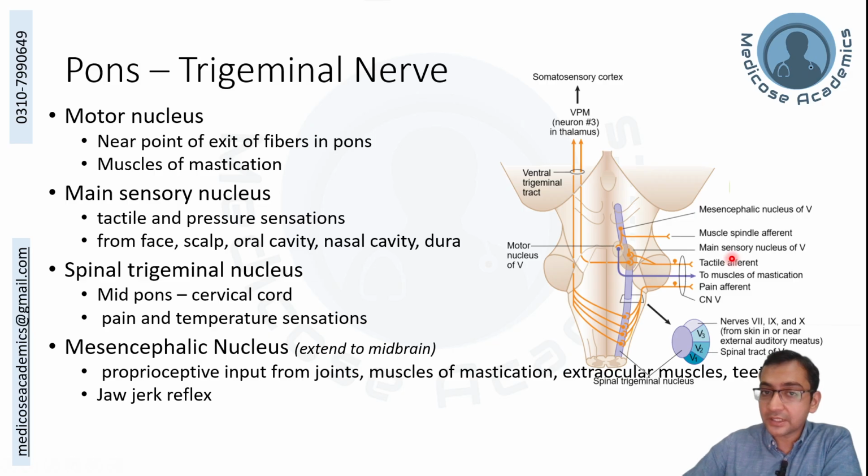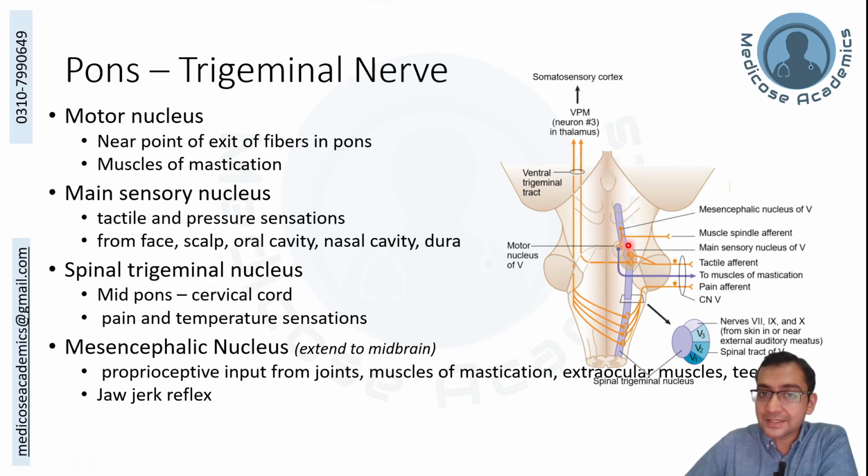And as you can see, the nerve enters at the level of pons, but to reach the spinal nucleus, it first descends and then synapses. So these descending fibers are called the spinal trigeminal tract, and you have drawn these with the pictures too.